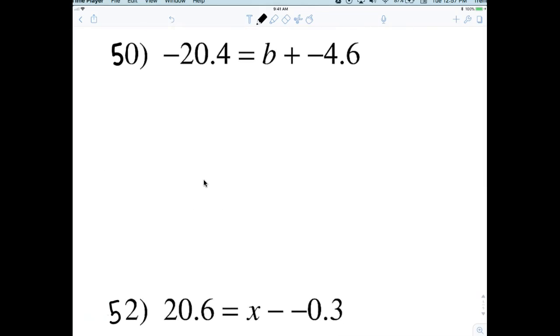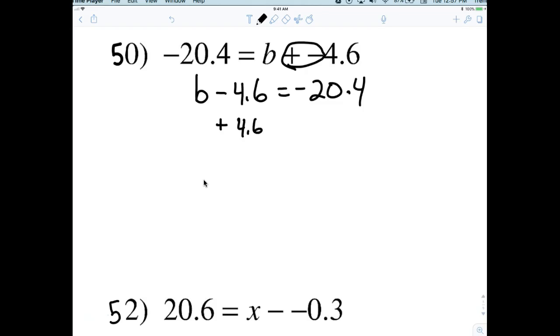All right, so now on 50. The first thing I want you to do is rewrite it. A positive and a negative next to each other makes it a what? Good. 4.6 equals negative 20.4. Everybody good with that? So now I'm going to do what to both sides?